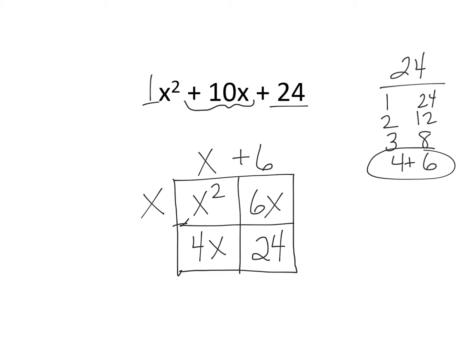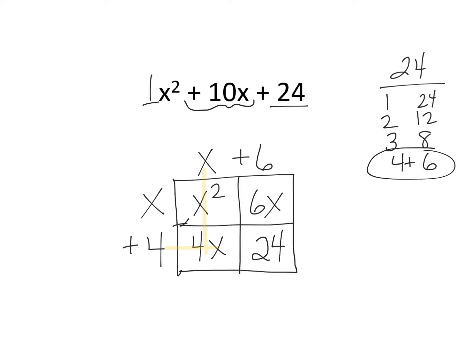Not too bad. Now look below here. What is the greatest common factor of 4x and 24? A 4. Positive 4, right? And now just test this. Does positive 4 and x give me a 4x?